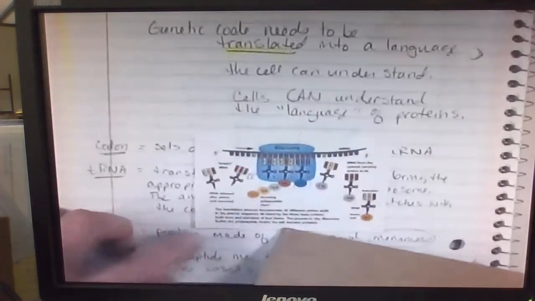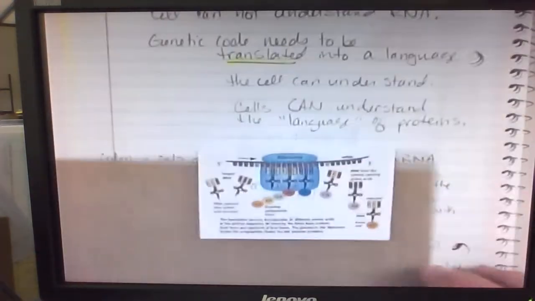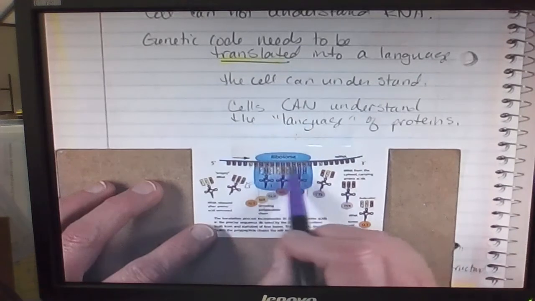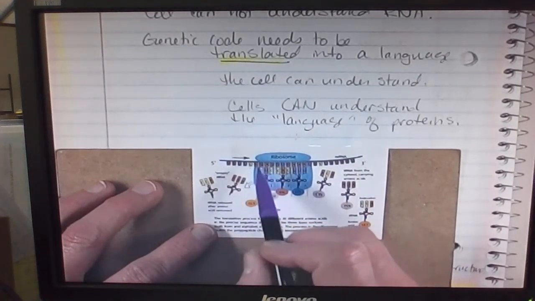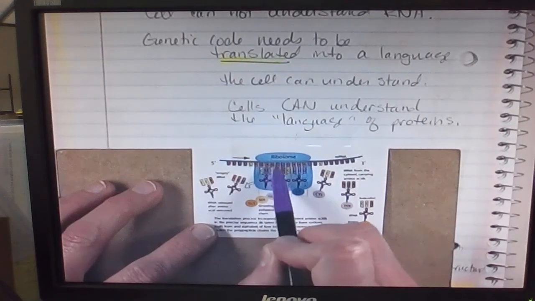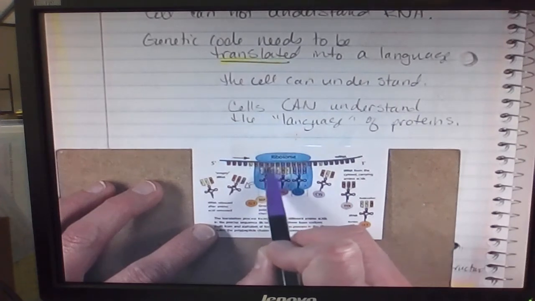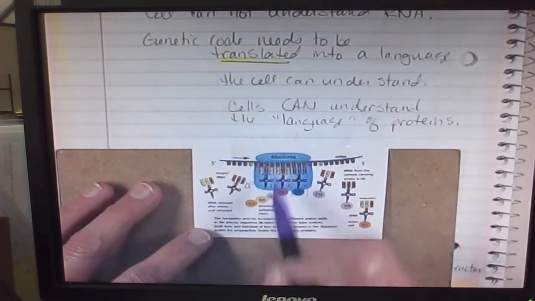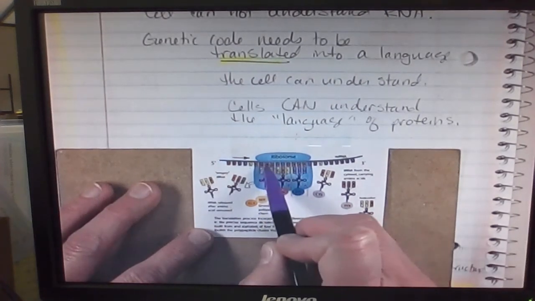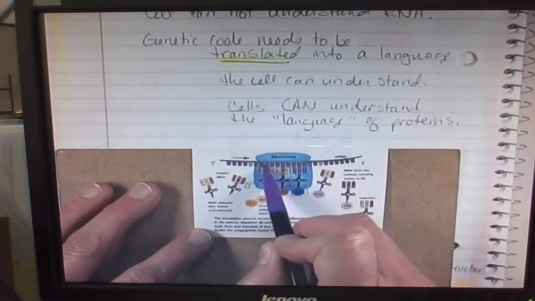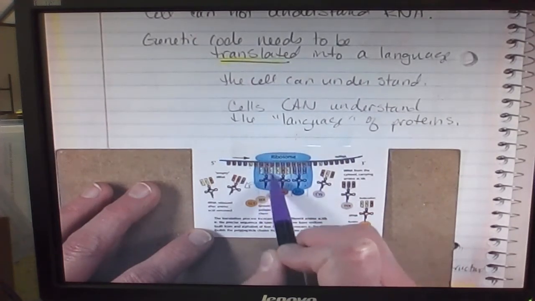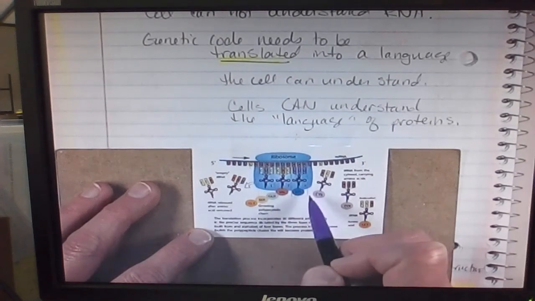All right, so here is a little diagram. Here is my messenger RNA. Three nucleotides represent a codon. So the three letters on the messenger RNA is a codon. The three letters on the transfer RNA is the anticodon.